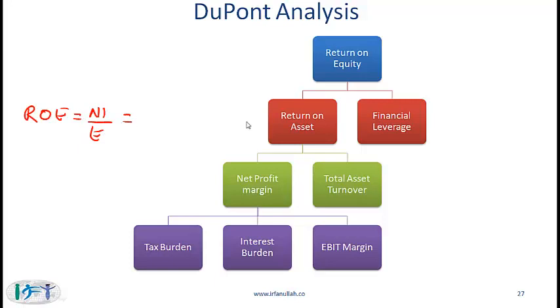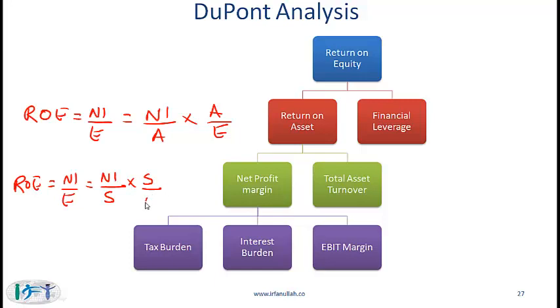This can be written as return on assets, which is net income over assets, multiplied by financial leverage, which is assets over equity. And then decomposed into three components, we can say return on equity is net income over equity, which is equal to net income over sales times sales over assets, that's the total asset turnover, times the financial leverage, which is assets over equity.